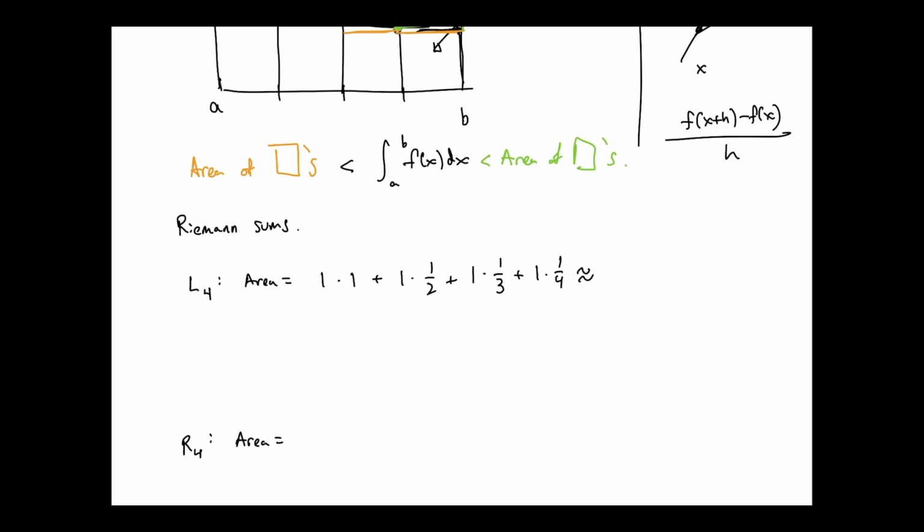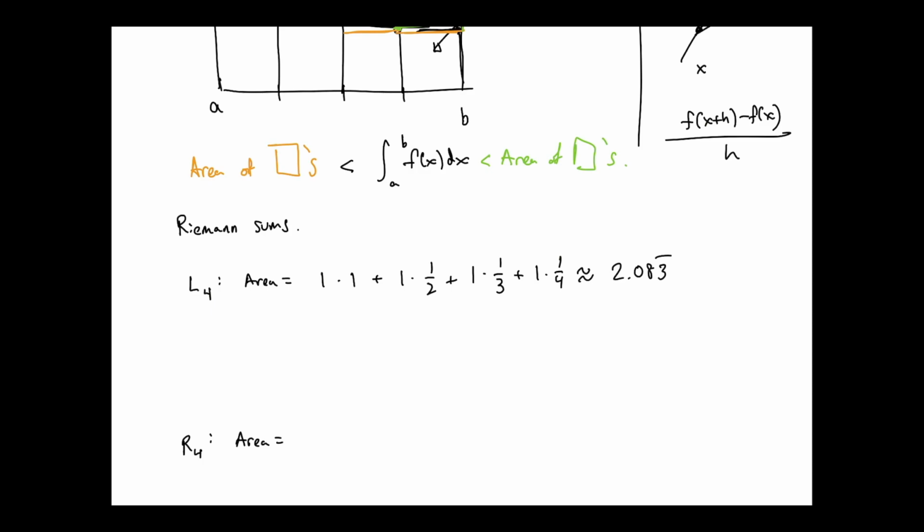And so what does all that add up to? So what's 1 plus 0.5 plus a third and, well, here, let me just look and do it. 2.0833, like that. Does that look reasonable?